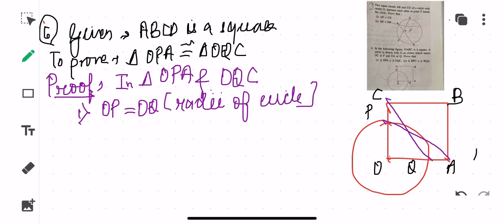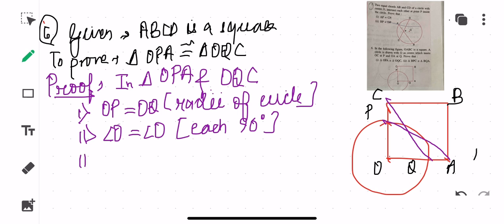If you look into the second part, children, we have angle O is equal to angle O, each 90 degrees, if you can see. And the third, that is common in both of them.